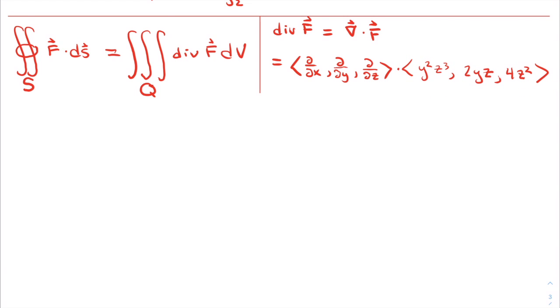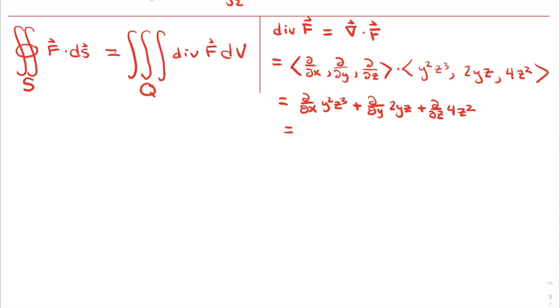Right. So the partial of the first component with respect to x. I guess I could write this out. So you get partial with respect to x of y squared z to the third, plus partial with respect to y of 2yz, plus the partial with respect to z of 4z squared. Okay, so that's the divergence.